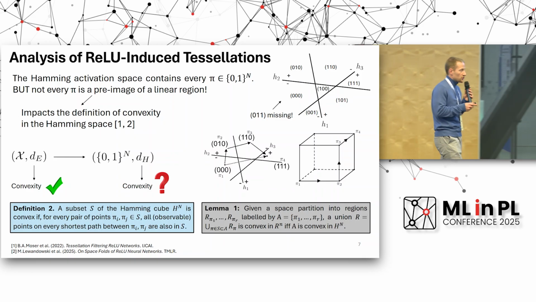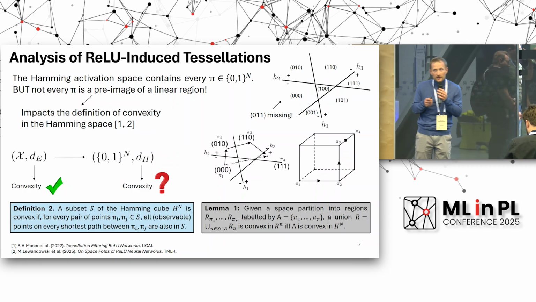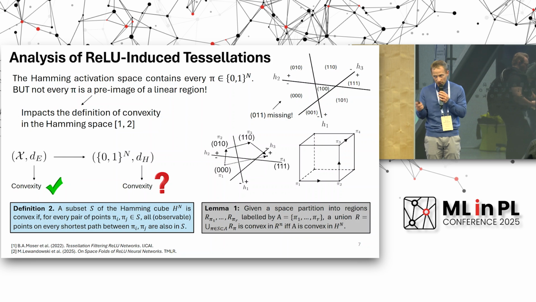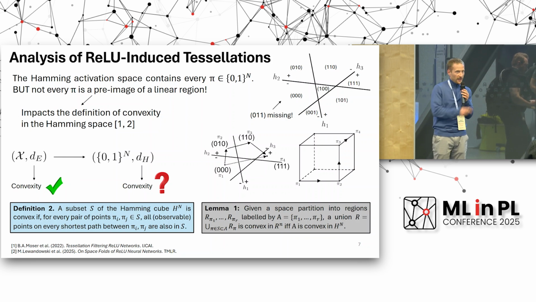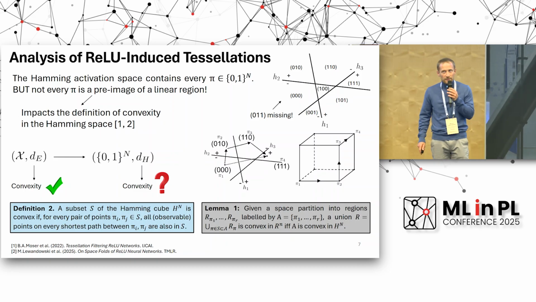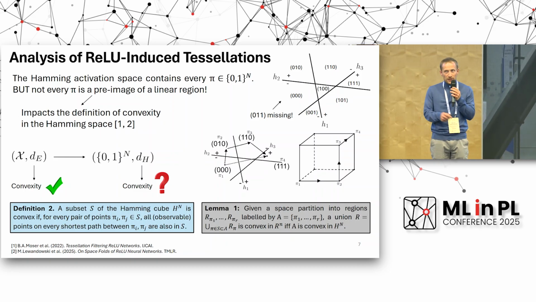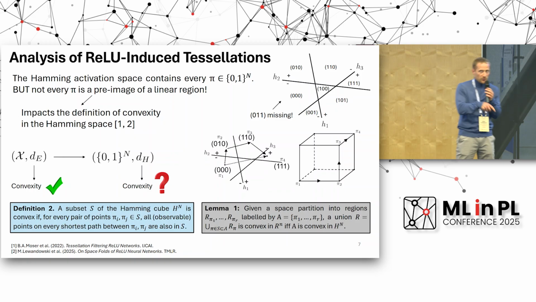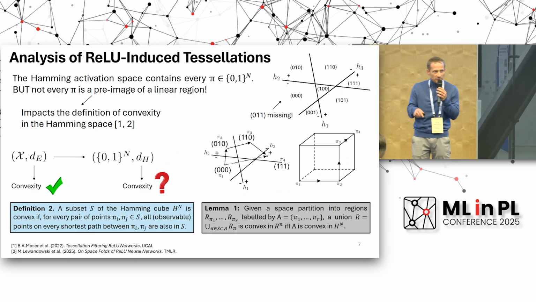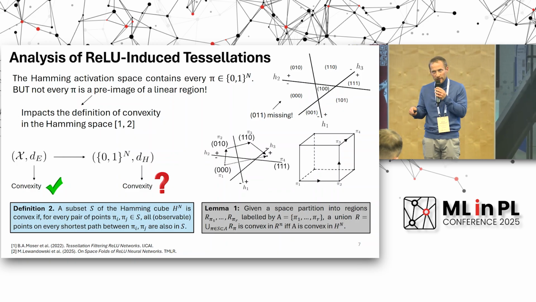And this definition allows us to establish the lemma of equivalence of convexity notions between the continuous input space and the Hamming activation space. The lemma is as follows. Given a space partition into linear regions, which are labeled with respective activation patterns, a union of linear regions is convex in the continuous input space if and only if the corresponding set of activation patterns is convex in the Hamming activation space.